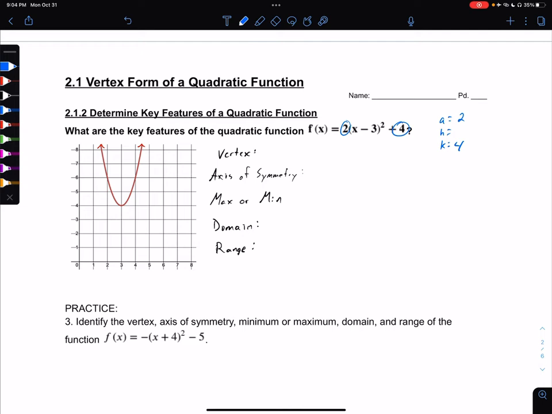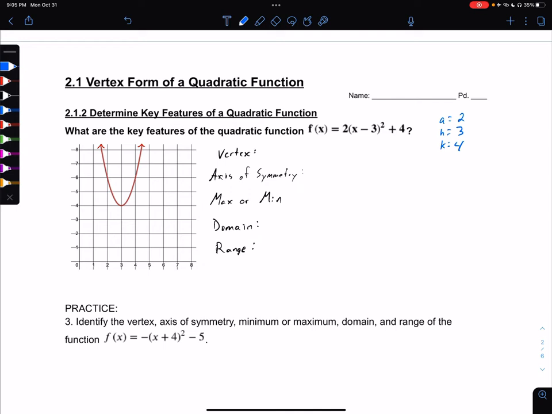And now your H value, we want to be careful with. H comes from here. We need to think about the formula where it's x minus h. That means that we plugged in an H value of 3. It will be the opposite of what it appears to be. So since we have x minus 3, the actual H value itself is a positive 3.